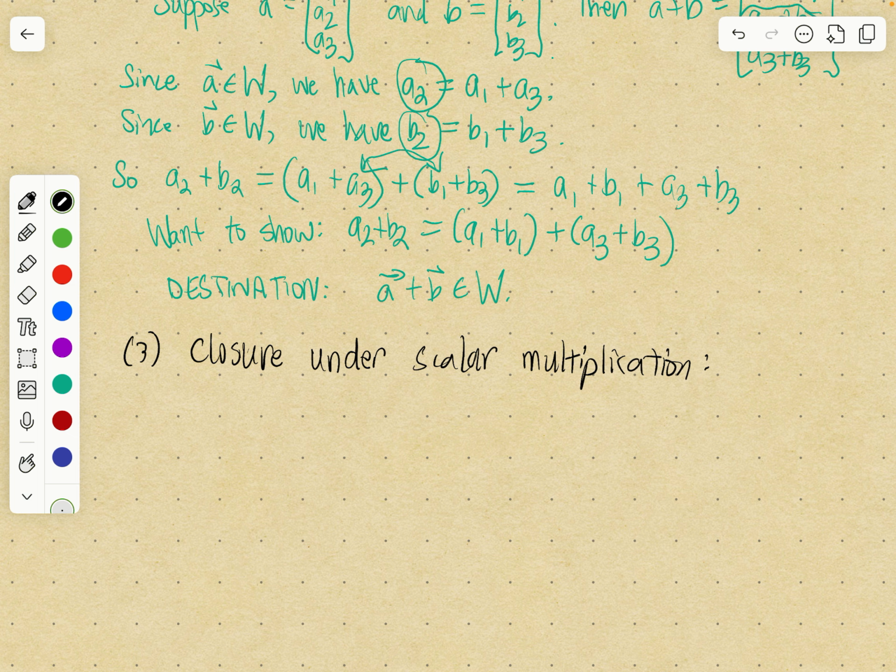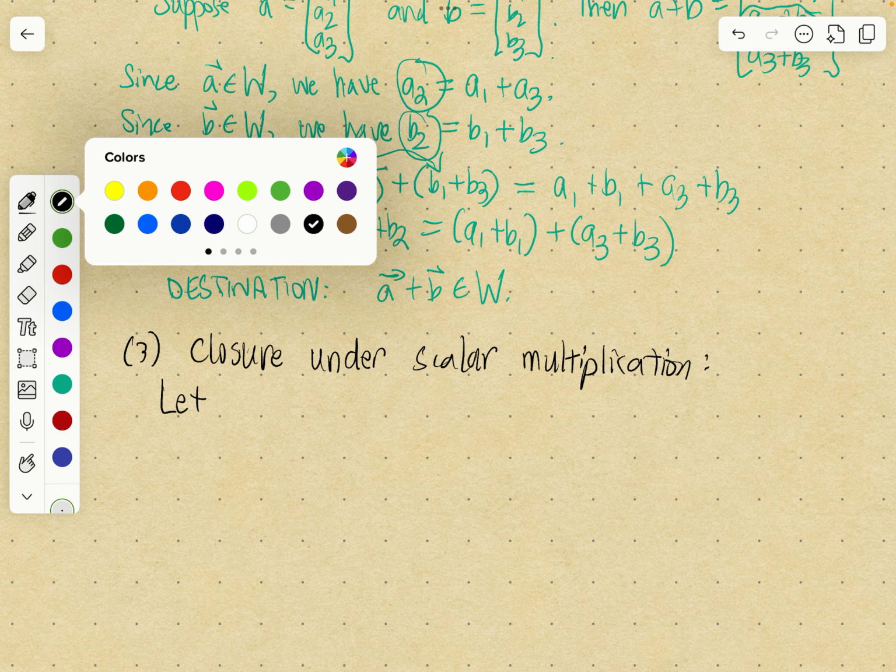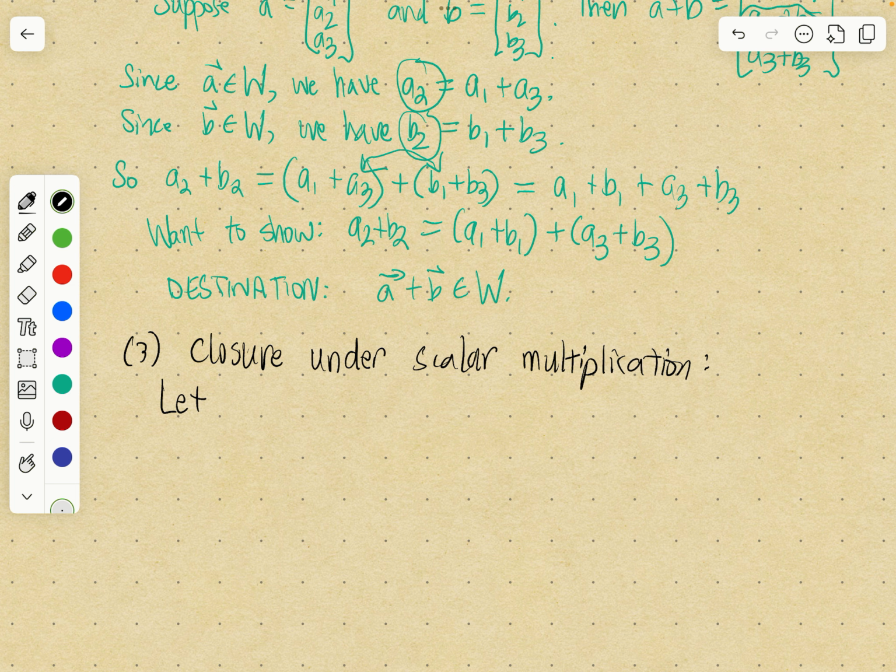And what that means is whenever you have a vector in W and a real number, C, the scalar multiple of that vector by C is also an element of W. So what we need to do is start off with a vector in W. Let's just call it A, because our components of V will be V1, V2, and V3, and sometimes that's used for vectors.